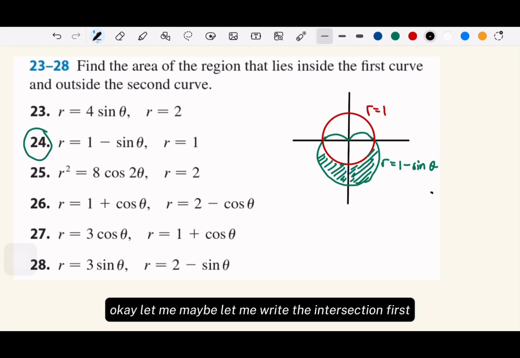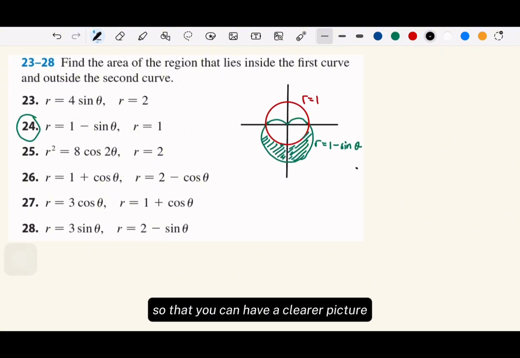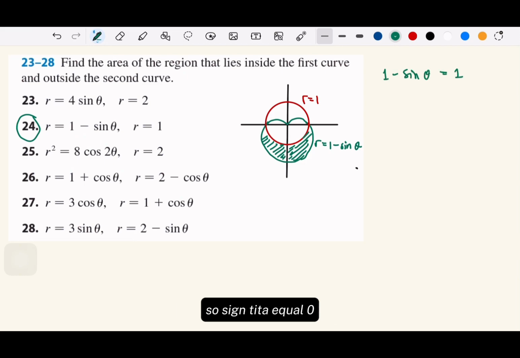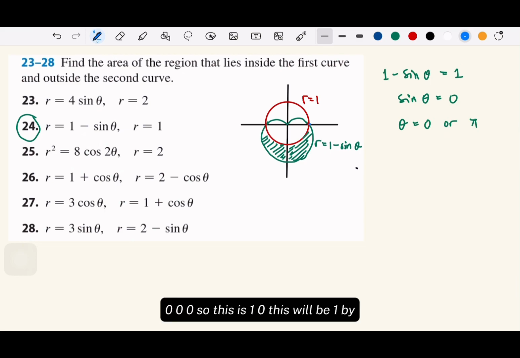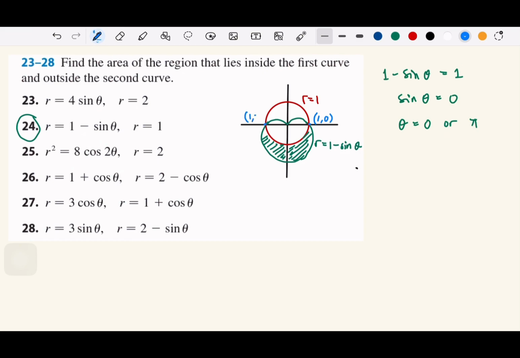Let me write the intersection first so that you can have a clear picture. 1 minus sine theta equals 1, so sine theta equals 0, so theta can be 0 or pi. Here is 0, so this is 1, 0, and this will be 1, pi.